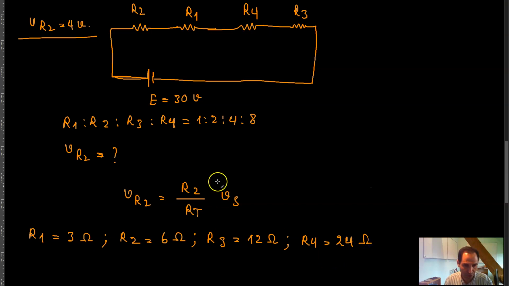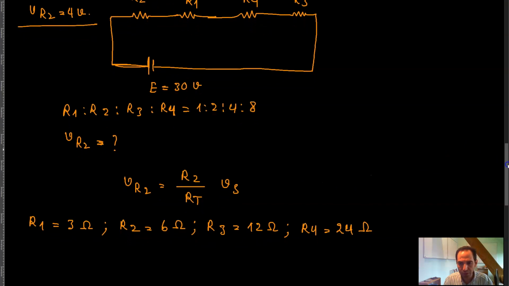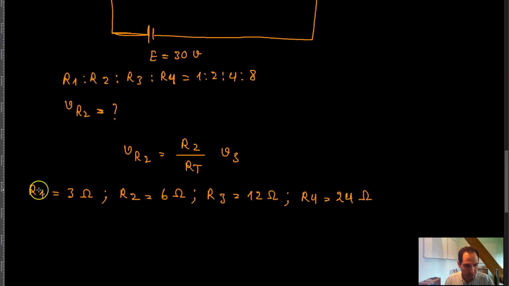That's the meaning of ratio: the ratio has to remain the same. You cannot disturb the ratio. If that's the case, then the circuit is going to behave as it should. So now the value of R2 becomes 6 ohm. In the previous case, the value of R2 was only 2 ohm.